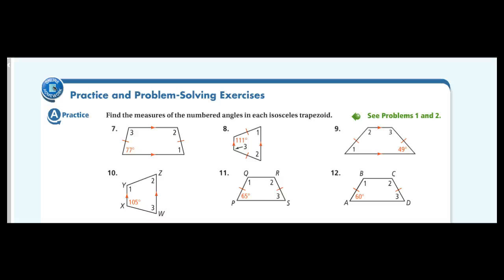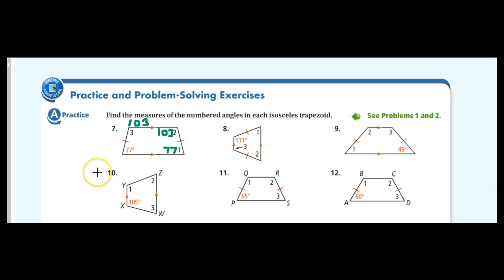Okay, so we want to find the measures of the numbered angles. So for number 7, angle 1 is 77 degrees. Angle 2 is 103 degrees, and angle 3 is also 103 degrees. Okay?